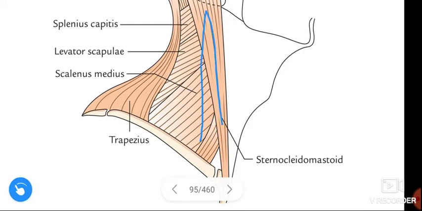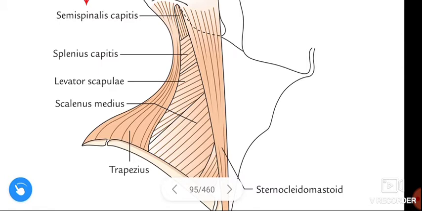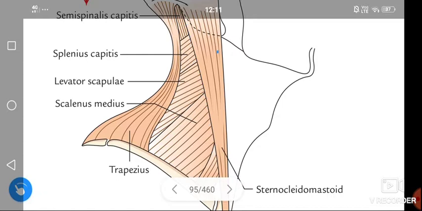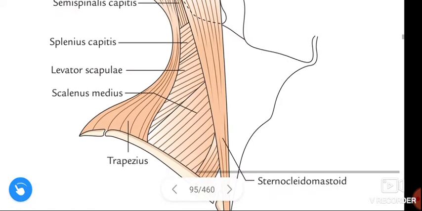This is the anterior border and this is the posterior border. The posterior border of the sternocleidomastoid muscle forms the anterior border for the posterior triangle.